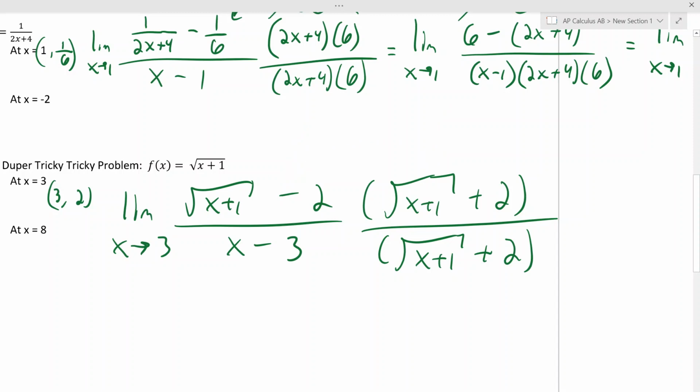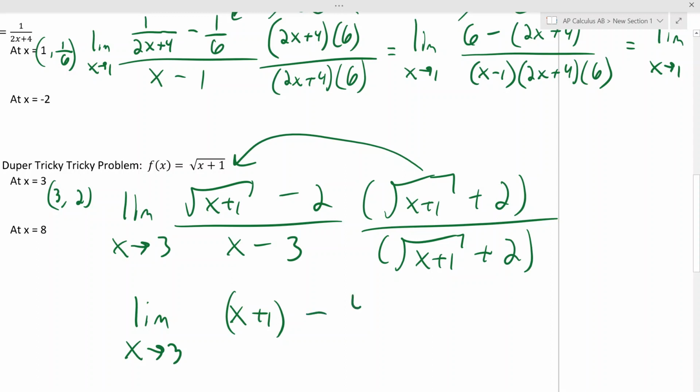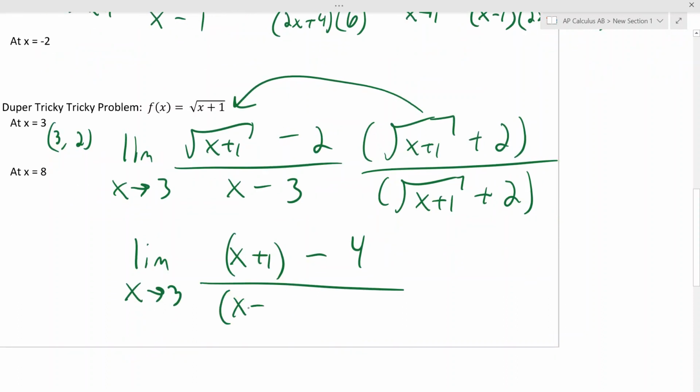And we talked about conjugates. When you multiply them, it squares the first thing. So √(x plus 1) squared, when you multiply it together, you're just going to get x plus 1. Cool? The middle terms cancel. Like if you fold it out, the middle terms are going to cancel. Then you're going to get -2 times 2, which is -4. So it squares both of them. On the bottom, I'm just going to leave it alone.